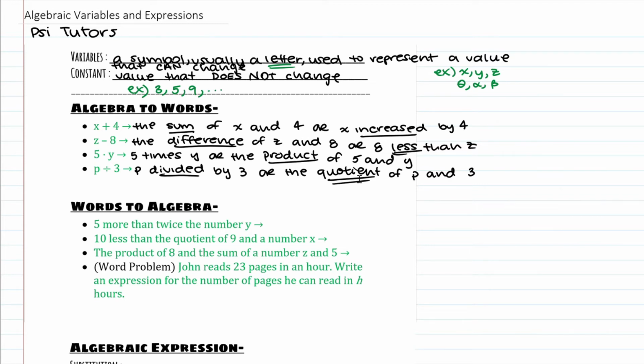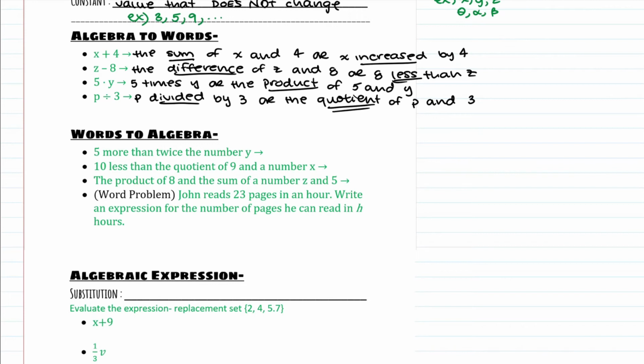Okay, moving on to words to algebra. So, how will we say 5 more than twice the number y? Okay, so I see that it's 5 more than, meaning that you're adding 5 to something. Let's just not even worry about this right now. We know that 5 is going to be added to something because it says more.